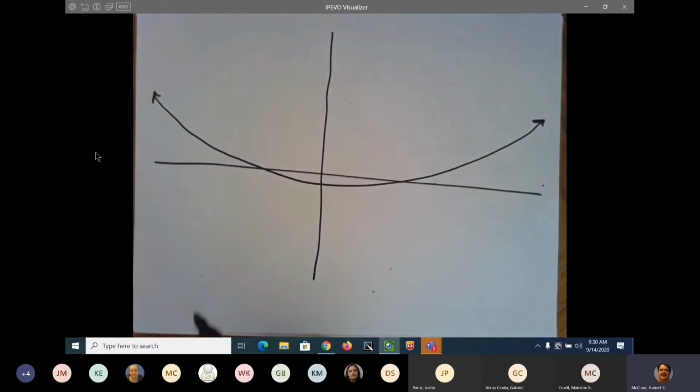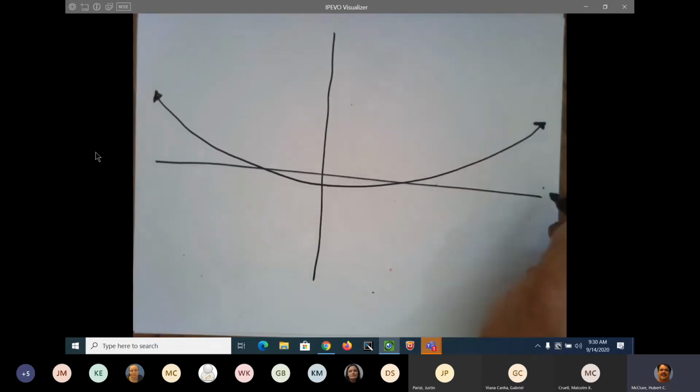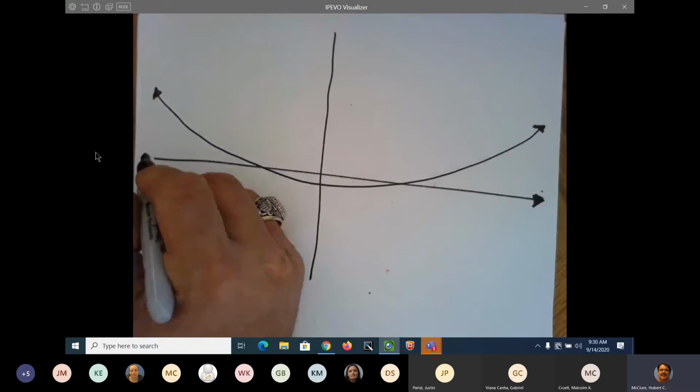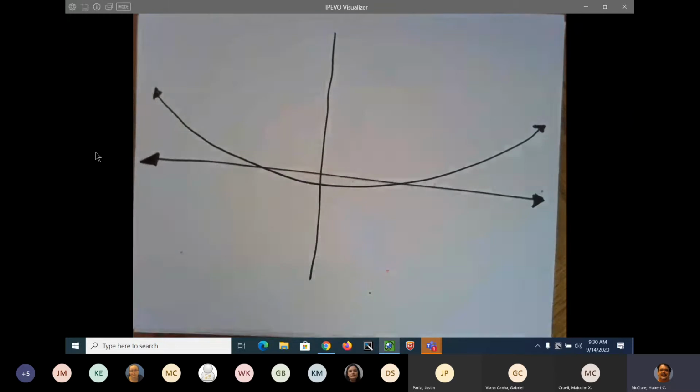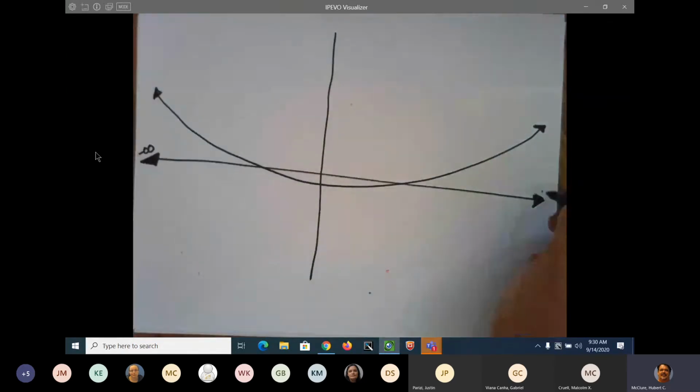Now, since there are two arrowheads here, this one is negative infinity, and this one is positive infinity.